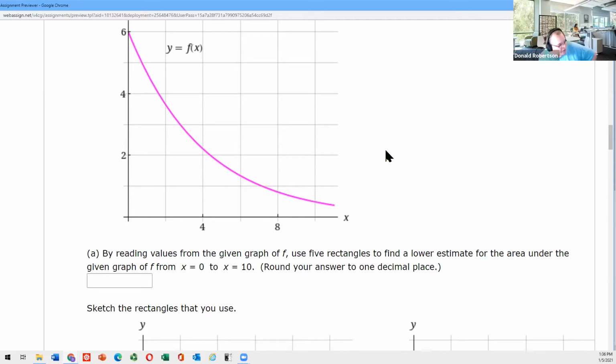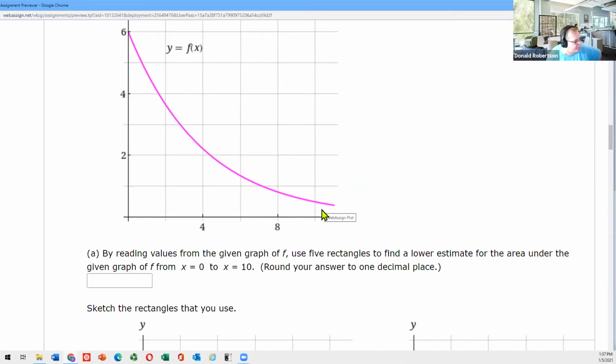are you going to find a right 5 or a left 5? I mean, just look at the first strip from 0 to 2. If I did this side as my height, the right-hand side, aren't I going to get a whole load of rectangles that are shorter than the area?